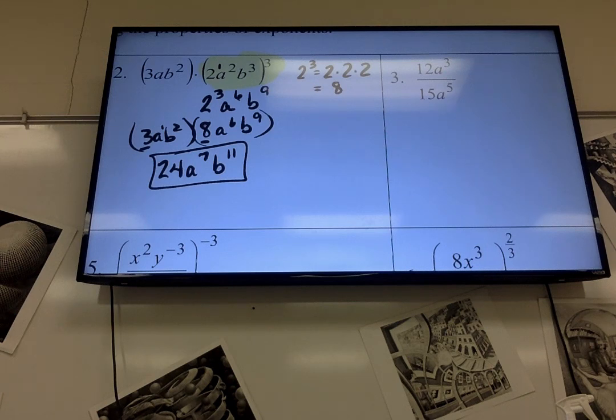But I don't want decimals. So reduce the fraction, that's fine. But don't change it to a decimal. And then do what you need to with the letters. If you get stuck, just stop. We're going to go over it together. It's no biggie.